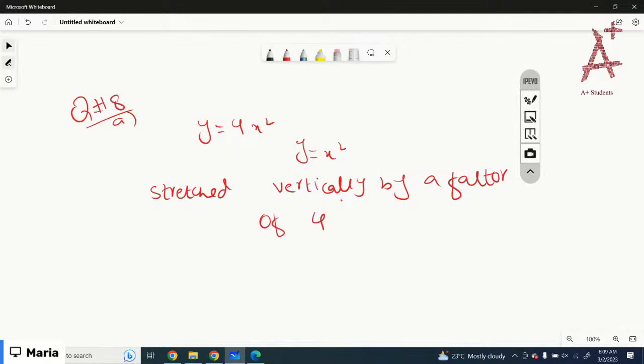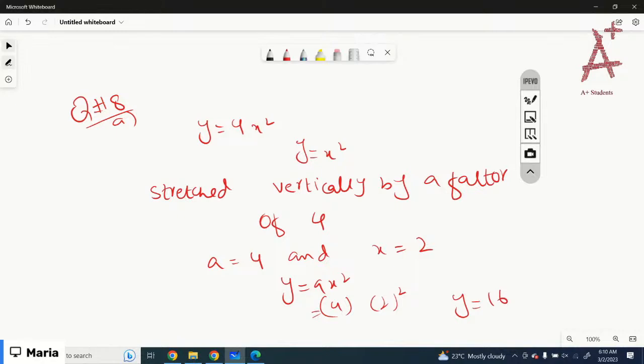So that means A equals 4 and x equals 2. So y equals A times x square, where A is 4 and x is 2, so 2 square. Then y equals 16.